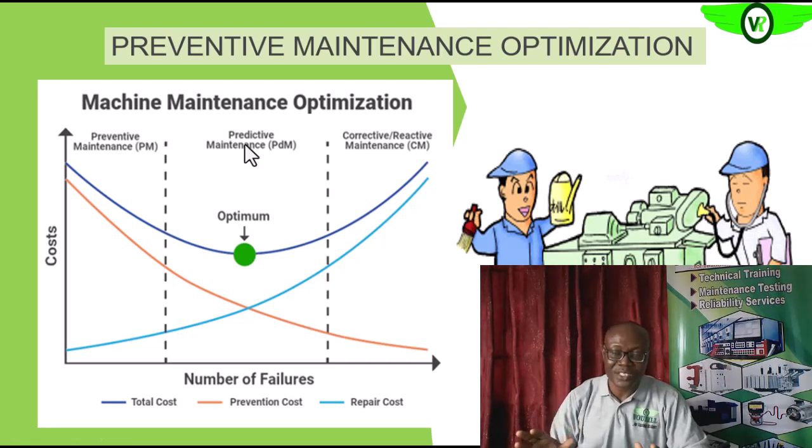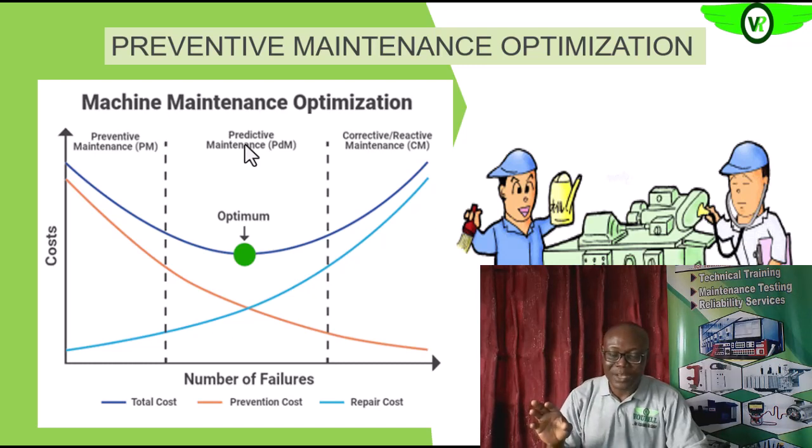so that you will see these failures in their inception stages, and design a maintenance program that will take care of that failure before it ever occurs. Are you getting it?